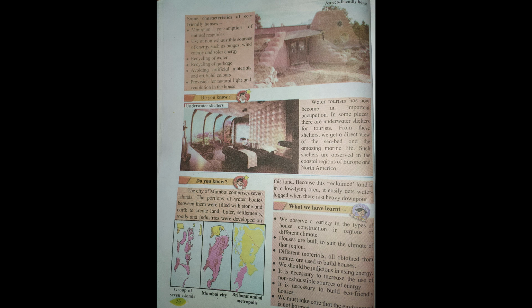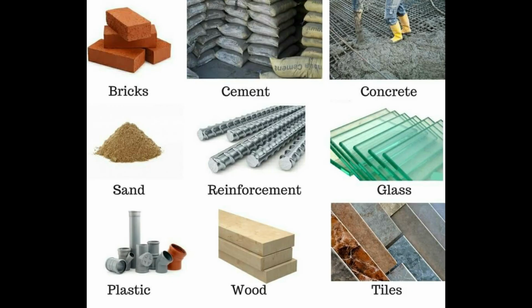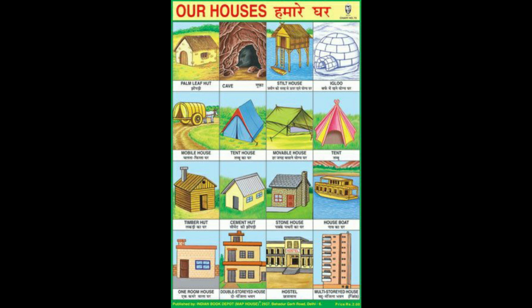Then another picture is given, where you have to observe which materials are used for construction of houses. Then houses which are in rural regions and which are in urban regions. So villages have different types of houses and cities have different types of houses. You have observed this in your day to day life. So from this lesson we have to learn this, and I think you have understood about the home and environment.